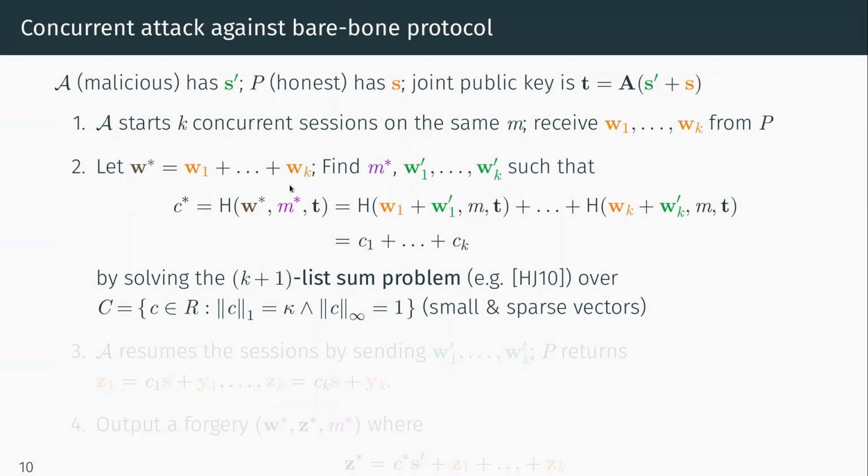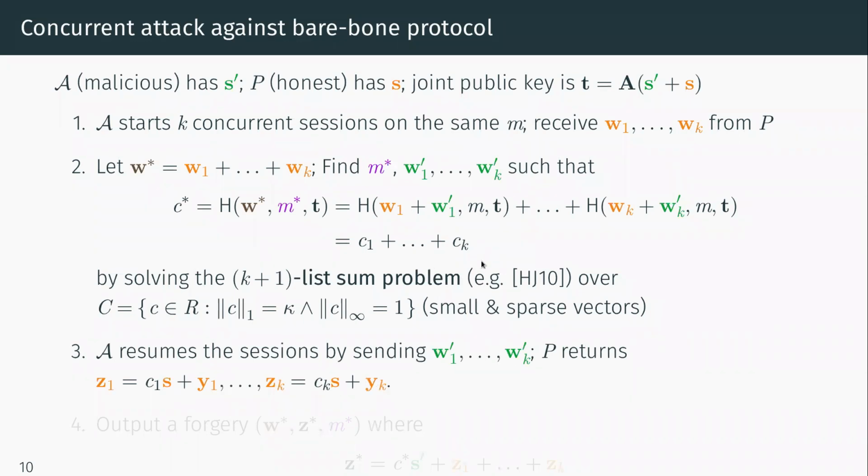This means that the output of the hash of the added W's and some message is the sum of the hash of the W plus the adversary's share W. This can be solved by reducing the problem to the so-called K-list sum problem. In this case, we consider C as a vector, so we can solve this problem using a vectorial variant of the K-list sum problem.